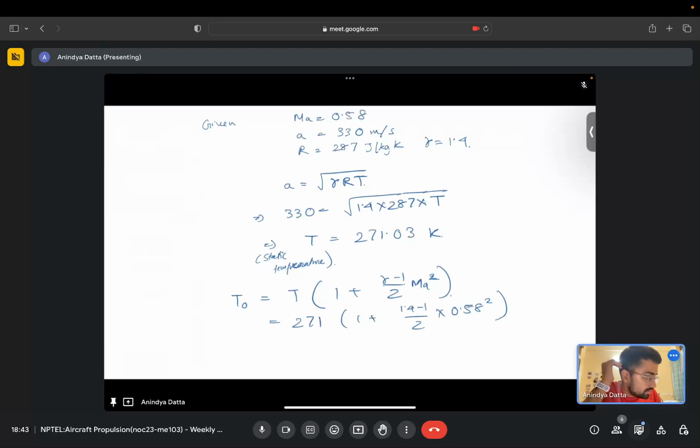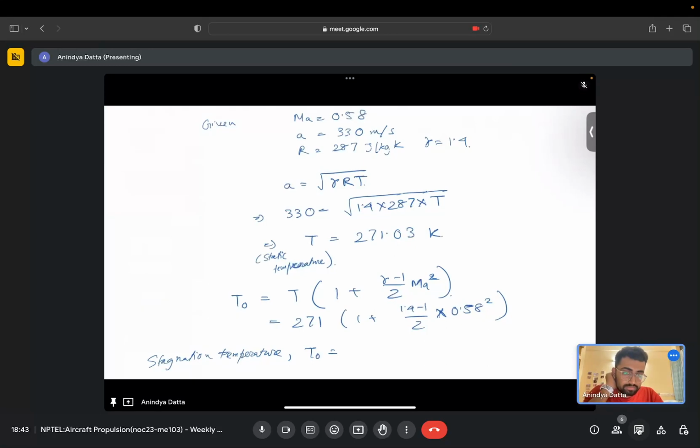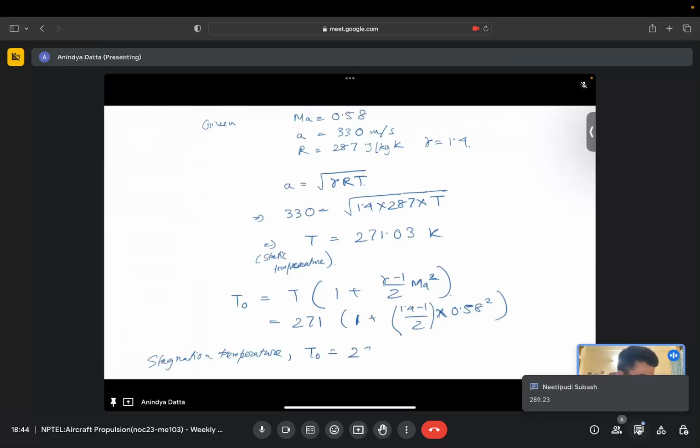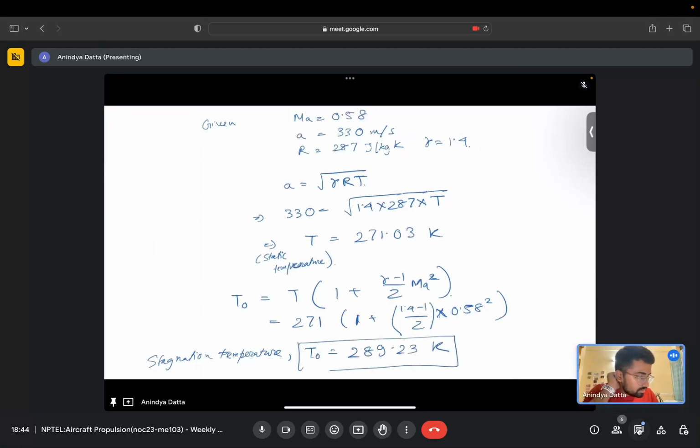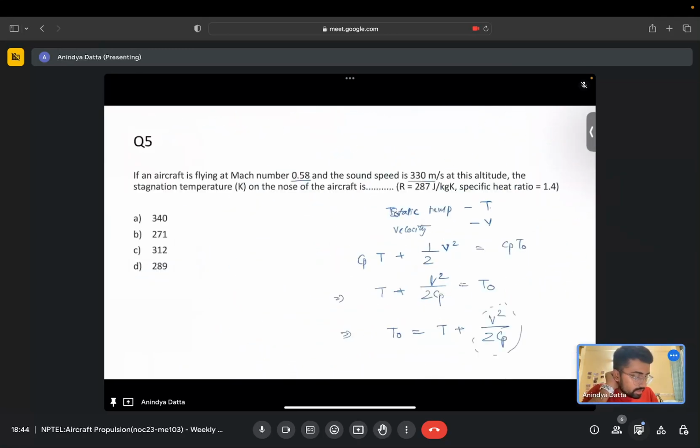Just compute it and tell me what is the stagnation temperature T0. 275.24, sir. No, do it correctly, it's not that. We have 0.58 square. Do the calculation properly. Yes, we'll get 289.23 or something Kelvin. So the correct option would be 289, option D.